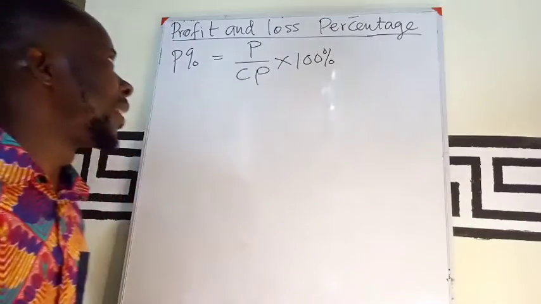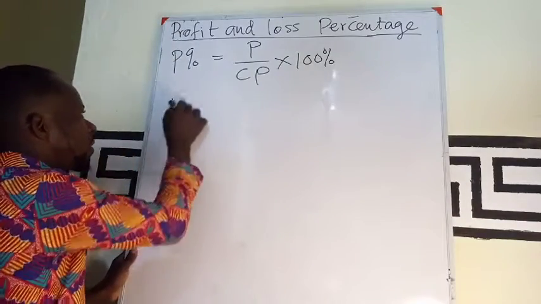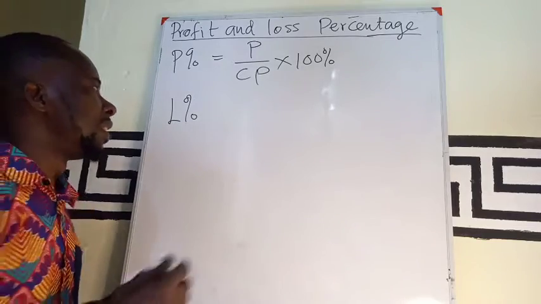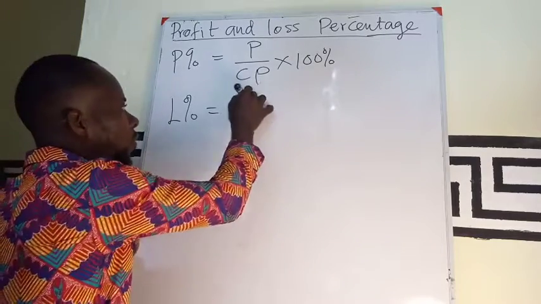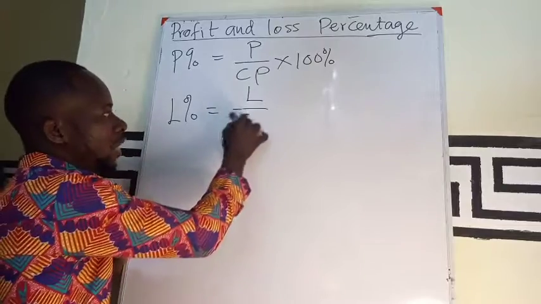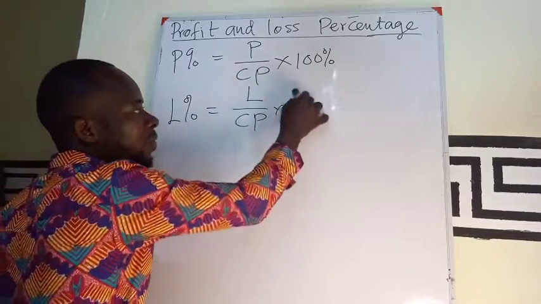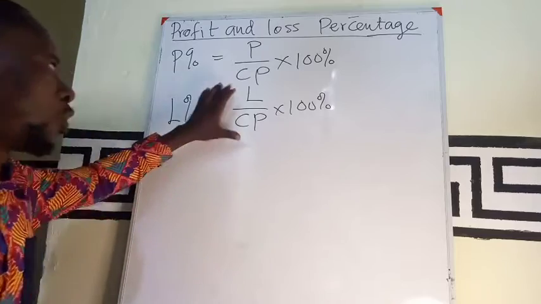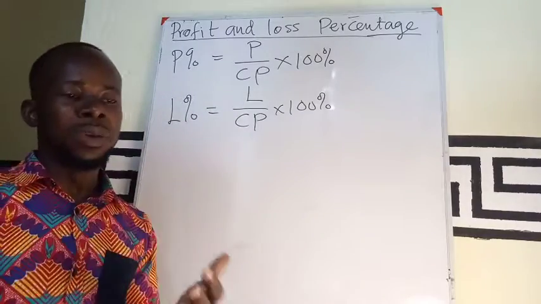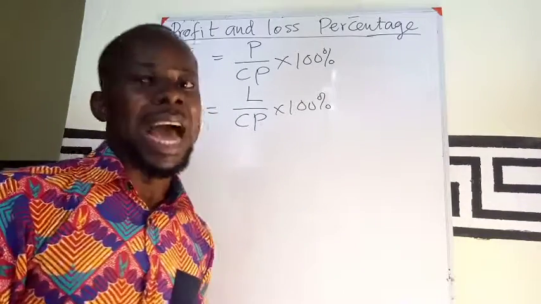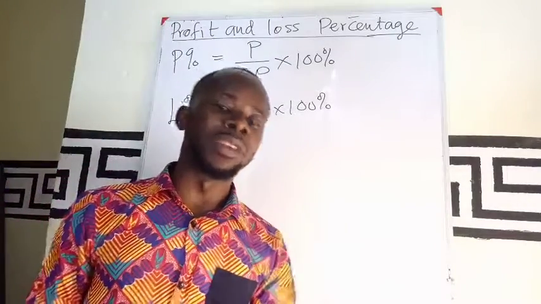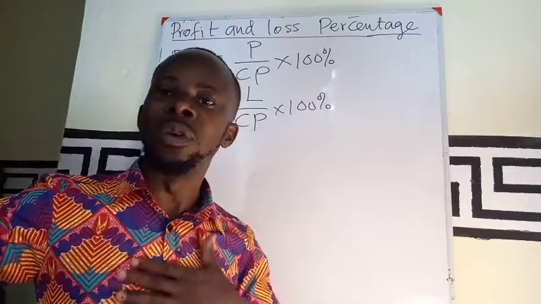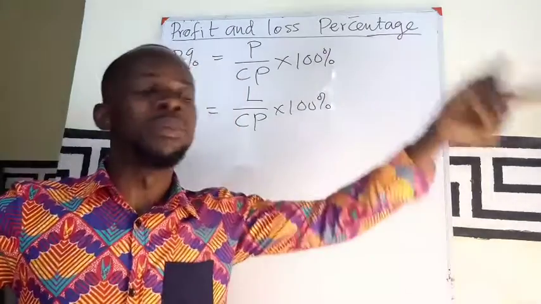So that simply means that if L percent is for the loss percent, then I'm going to have the loss compared with the cost price times 100%. If I have money, that is why I buy an article, and I sell it and incur losses, the loss is incurred on the cost price, not on the selling price.